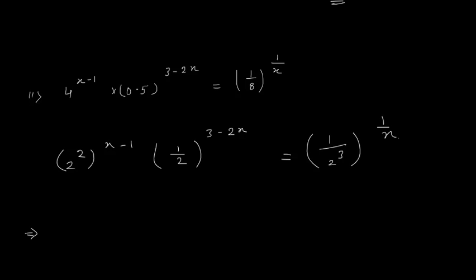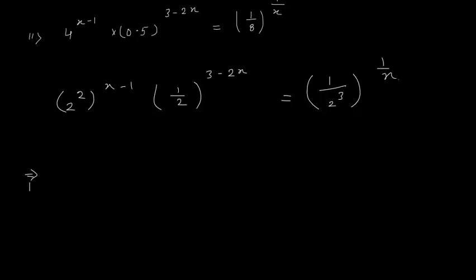This implies, now I will say here this is 2 power 2 into x minus 1, into, here I will say that 2 power, the sign will change, so it will become minus 3, and this minus 2x will become plus 2x, is equal to, here it will become 2 power minus 3, and then I will multiply this with 1 upon x.